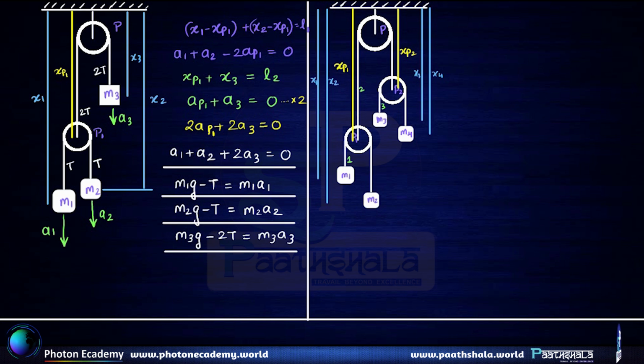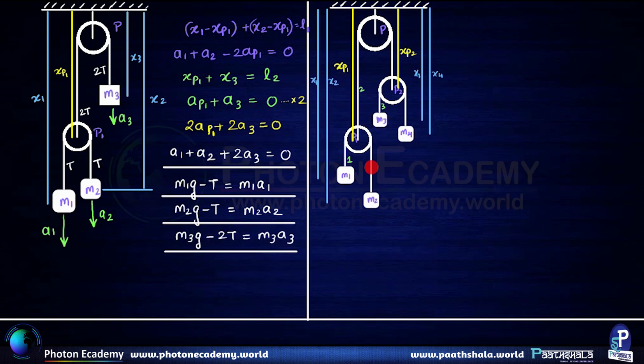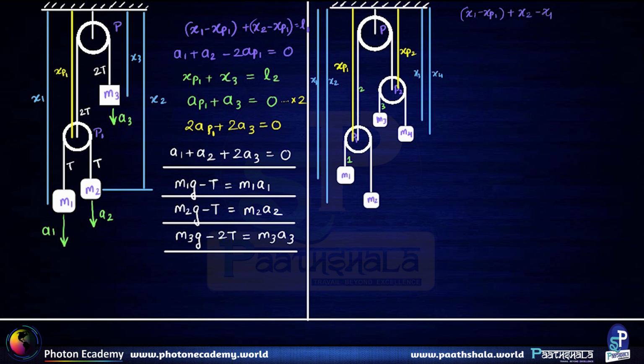So for string 1, the length of string 1, clearly this part varies as x1 minus xp1, and this part varies as x2 minus xp1. So let us write that down first. What do we get? X1 minus xp1 plus x2 minus xp1. This is length of string 1.